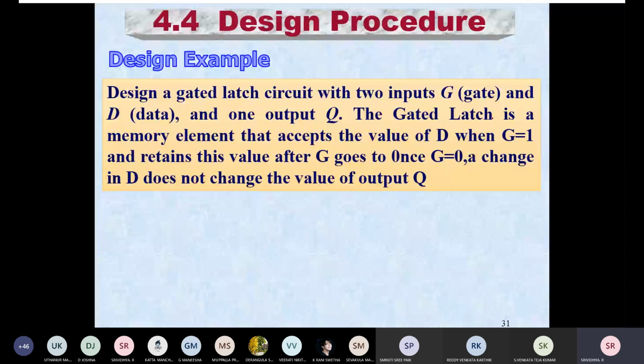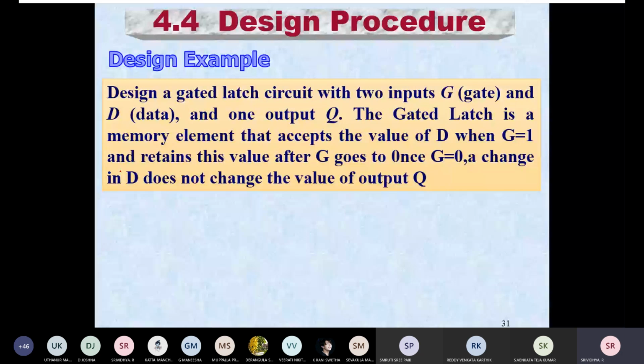The gated latch is a memory element that accepts the value of D when G is equal to 1 and retains this value after G goes to 0. Once G is equal to 0, a change in D does not change the value of the output Q. I'm reading it once again. Till this, you have understood that 2 inputs and 1 output are required.